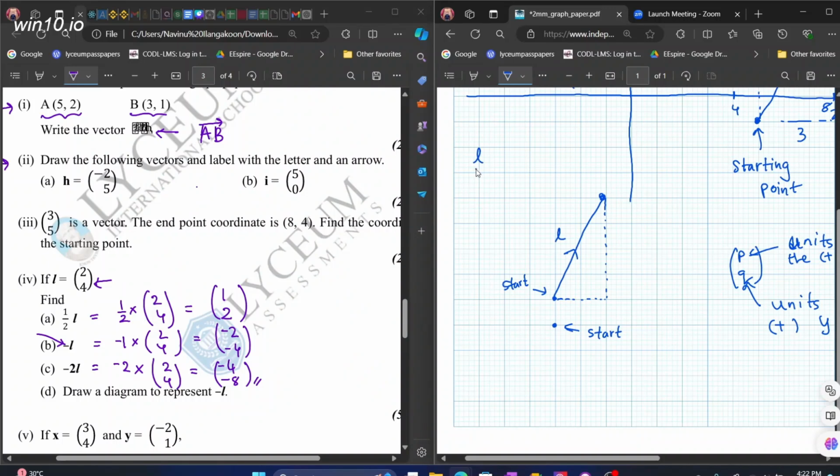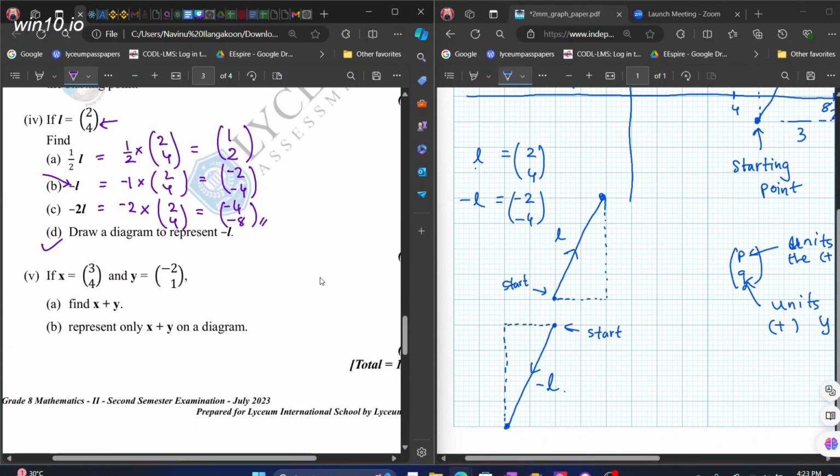Minus L means L is equal to (2, 4). So minus L is (-2, -4). So -2 in the x direction means this. -4 in the y direction is this. So the vector is this. This is minus L. Okay, I hope that's also clear.